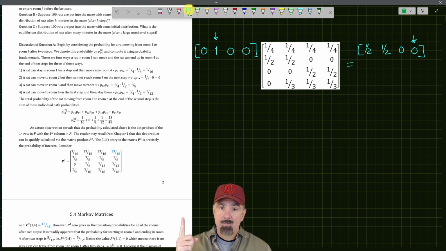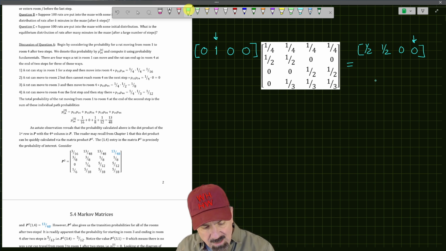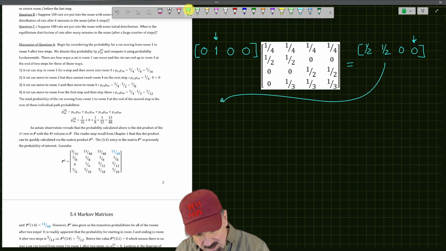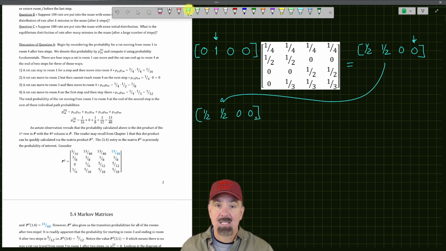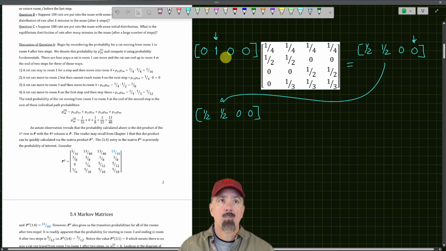What if we do another step? Well, then what we're really doing, very similar to the map program, is continuing to apply the transition matrix recursively. We take this output after one step, and that becomes the new input. We have 1/2, 1/2, 0, 0. Those are the probabilities of where the rat is after one step. And again, we're going to multiply.